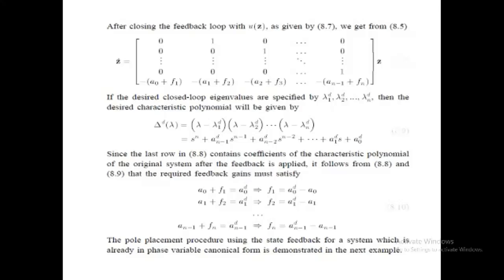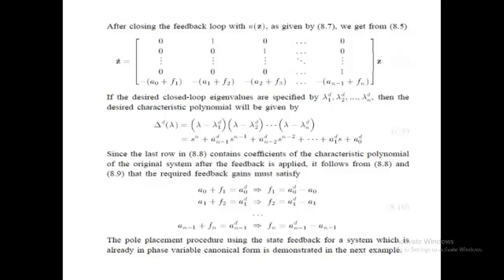This is the first term. Now we decrease the suffix order: a to the power d having suffix n minus 2, then n minus 3, n minus 4, so that at last we obtain a to the power d with suffix 0, as we decrease the value n minus 1, n minus 2 and so on.